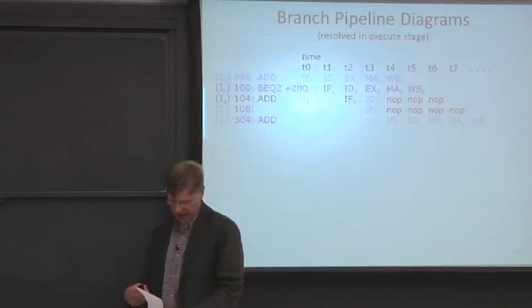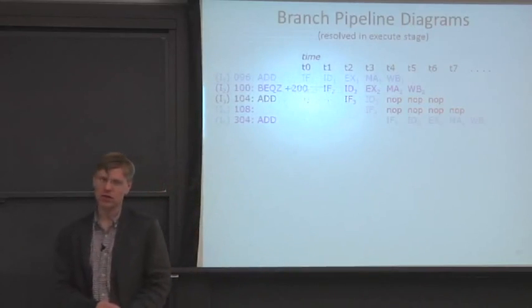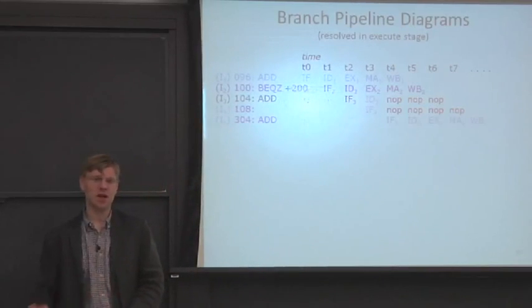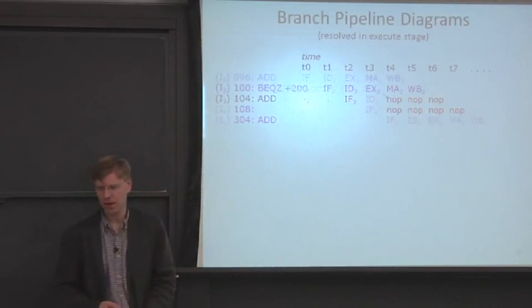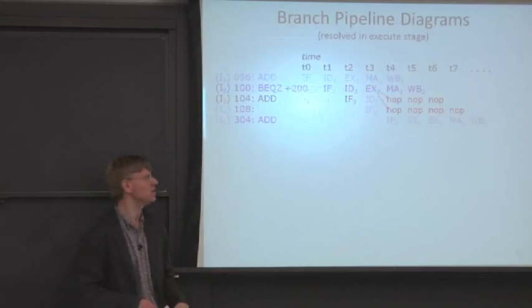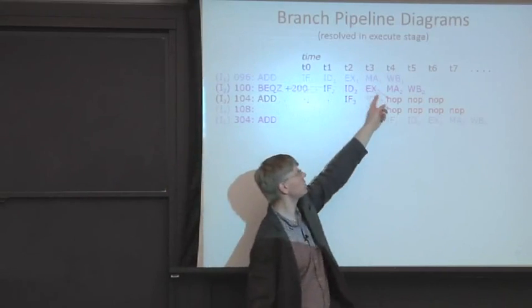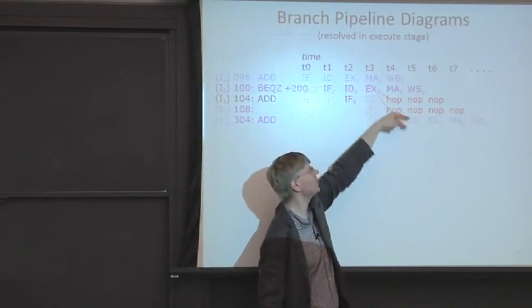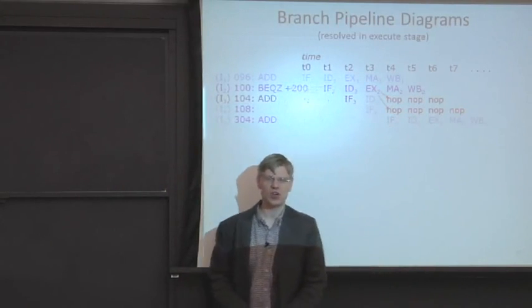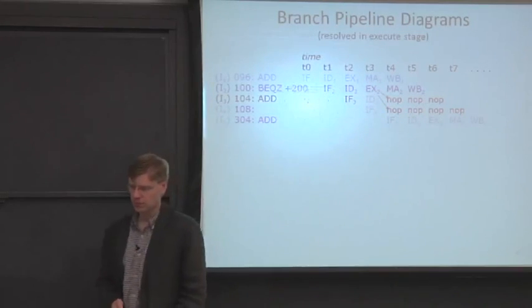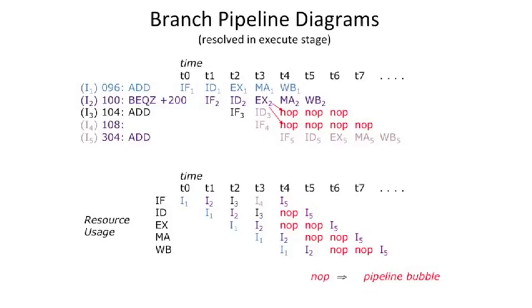This is going to impact our CPI in a negative way. The branch in the execute stage is going to reach back and kill these instructions, inserting no-ops. We can plot this in the other dimension also.